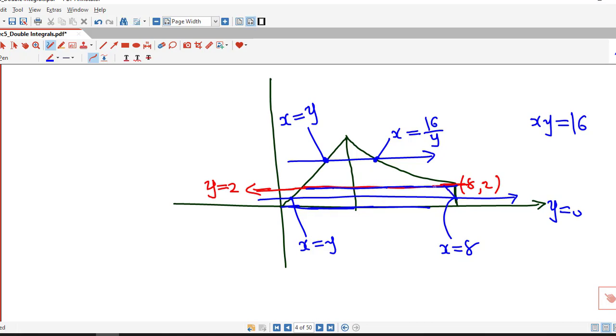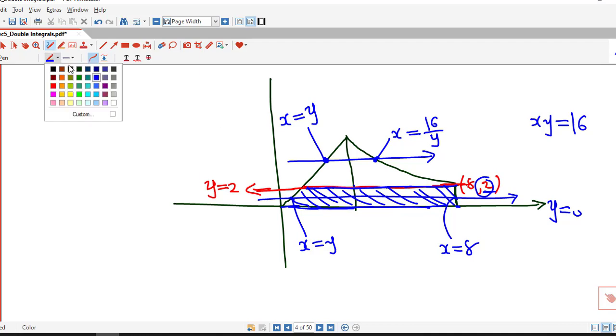So for this region we had to consider y from 0 to this point. Y is from 0 to 2. All these points are on the line y equal to 0. That means the lower limit for y is 0 and the upper limit for y is 2. So in this region y is from 0 to 2, and in this region all these are lowermost points.